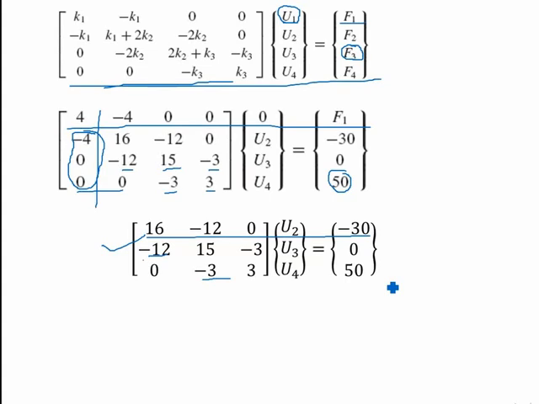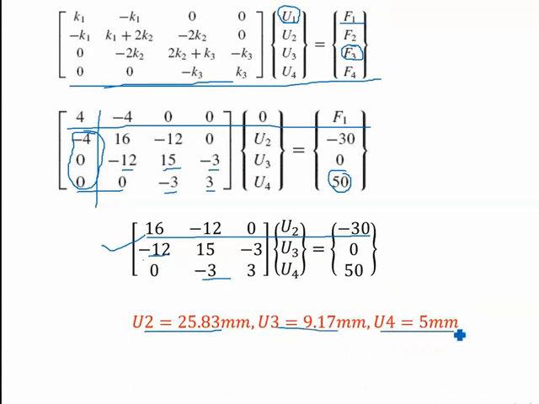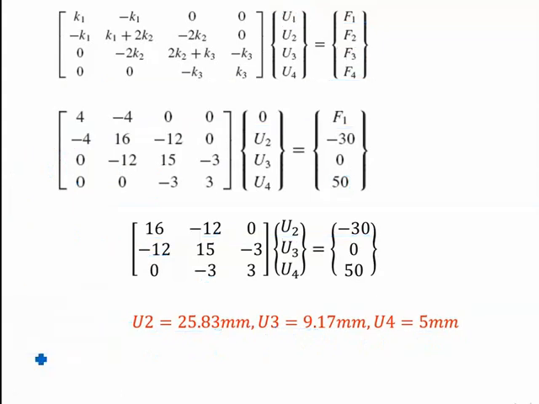Now after calculation you will get these answers: U2 is equal to 25.83 millimeter, U3 is equal to 9.17 millimeter, U4 is equal to 5 millimeter. After getting U2, U3, U4, what you have to do? You go back to the first equation.